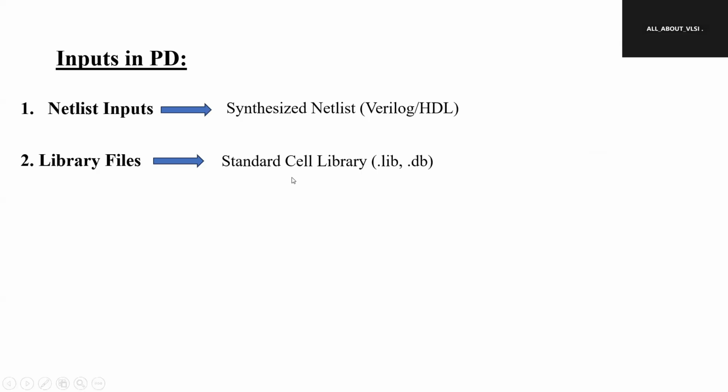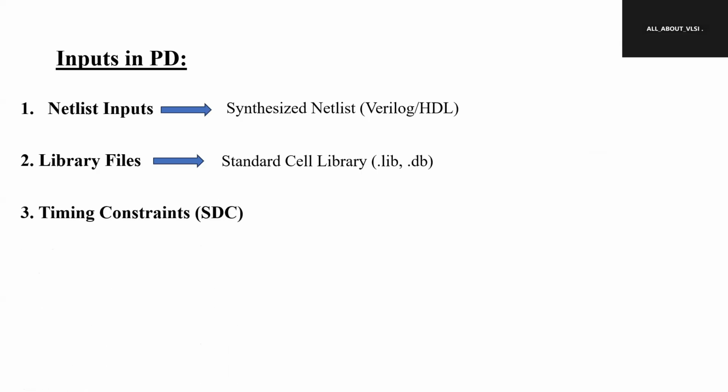Okay, and the library file is saved with .lib and .db extensions. What is the difference between .lib and .db? .lib is in human readable format, but .db is in binary format. Both consist of the same content, but one is human readable and the other is binary.